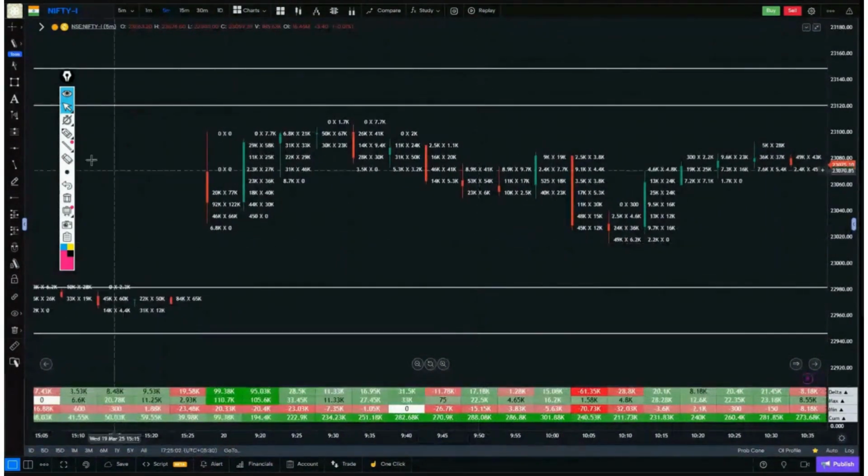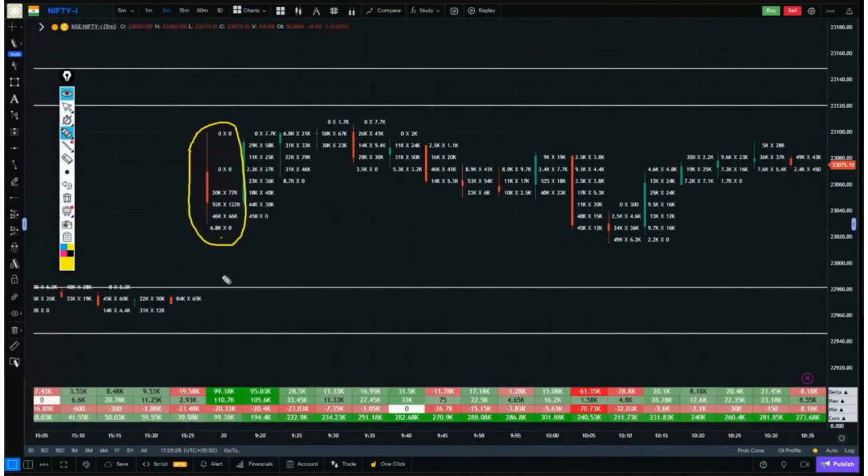Before reading the footprint well, we should know what delta is. Delta is simply the difference between buyers and sellers. For example, this is the first candle. What is the delta value of this first candle? Around 99,000, nearly 1 lakh.